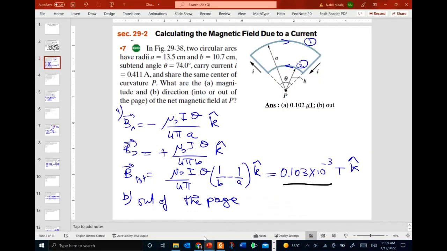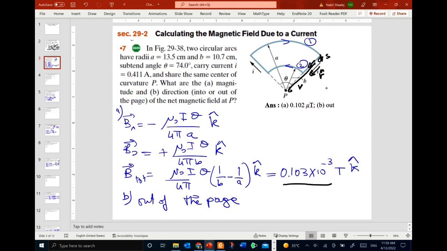Because if you draw this, in this case, let's take an element ds here. What is the area vector? This is r, the distance r, and this is the r hat.